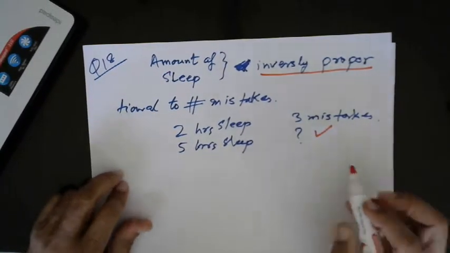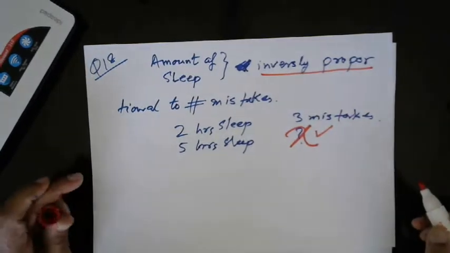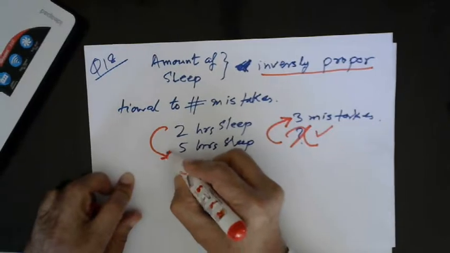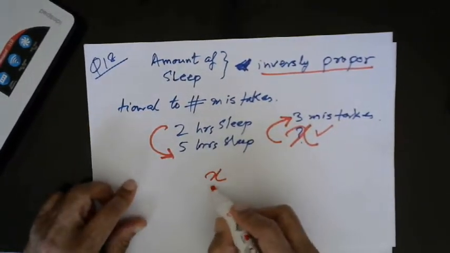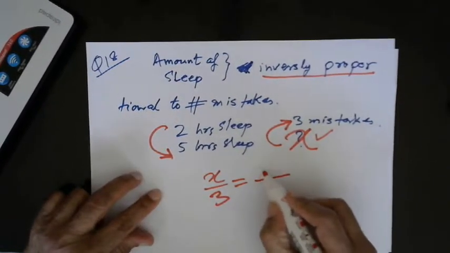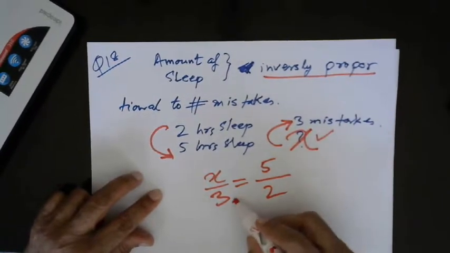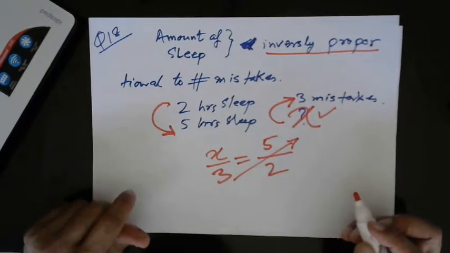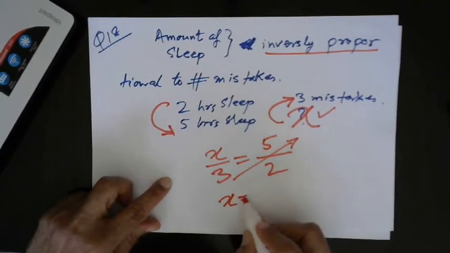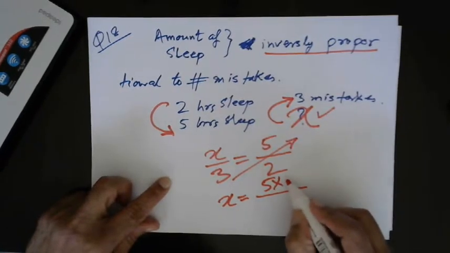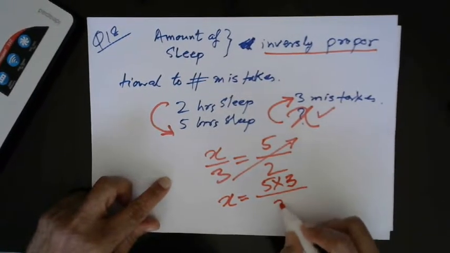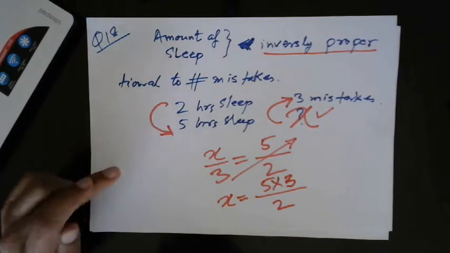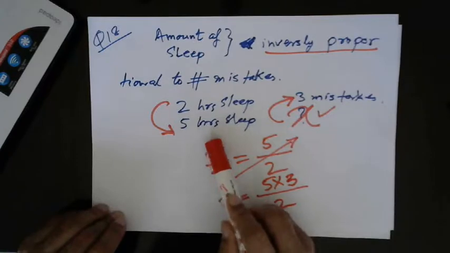Now, let me say this is X. Because this is inverse proportion, I will divide this by this and this by this. Remember, so this will be X by 3 is equal to 5 by 2. Inversely proportional, 2 hours sleep, 3 mistakes, 5 hours sleep, how many mistakes?